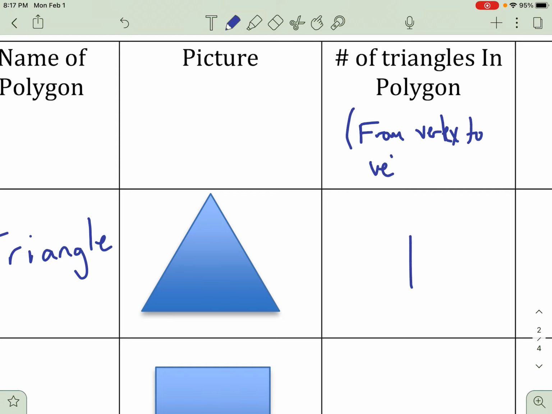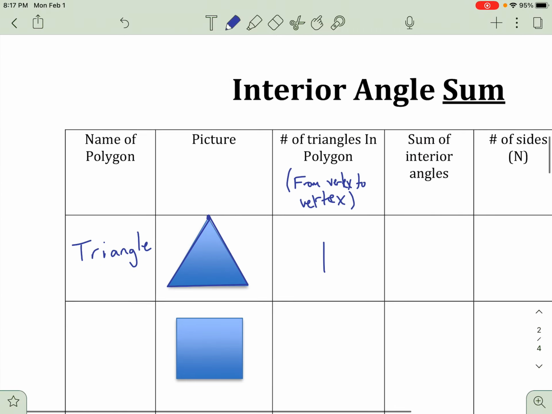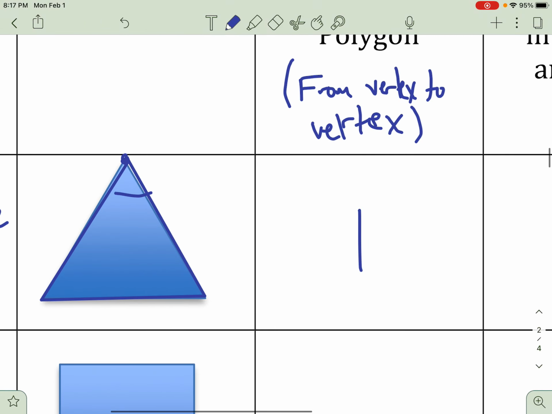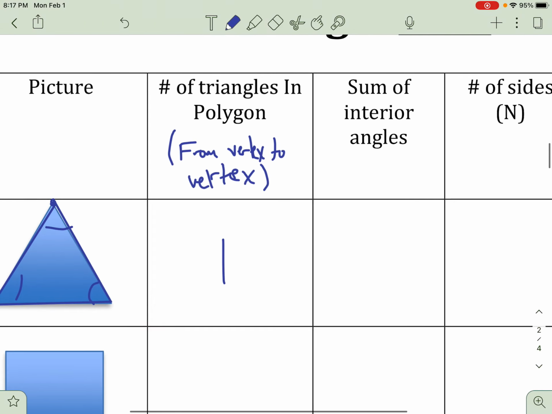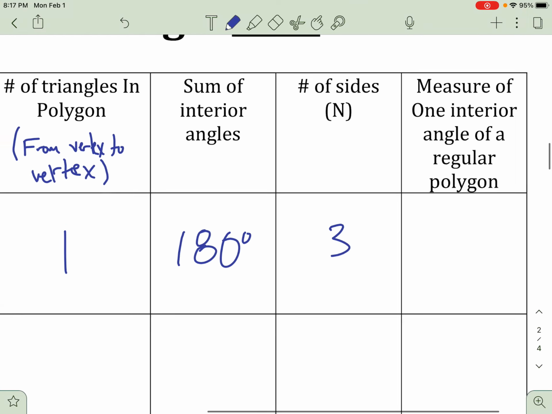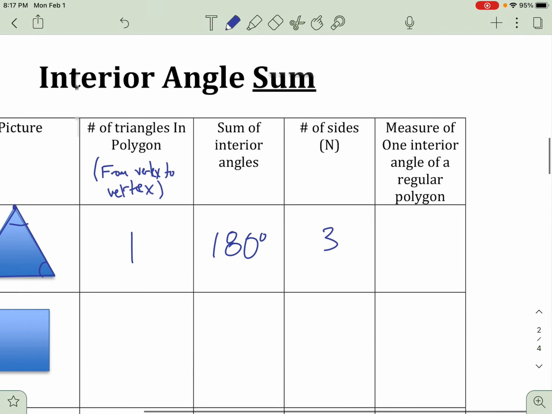So if I go to one point and draw a line to the other points, right, and then connect those, how many triangles does it make? Well, of course, it just makes one. Okay, what's the sum of all the interior angles? Well, what they're asking for is this, this, and this one. Well, we know that a triangle actually has 180 degrees in it. So the number of sides in a triangle is also 3.